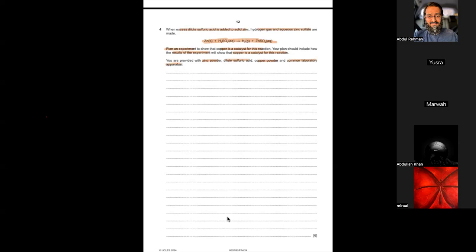So it means we have to plan 2 experiments, one with the copper and one without copper. We are going to mix sulfuric acid and zinc in the presence of copper, and then without the copper. See how you are going to format this type of answer. You are going to specify that we are going to use a fixed volume.